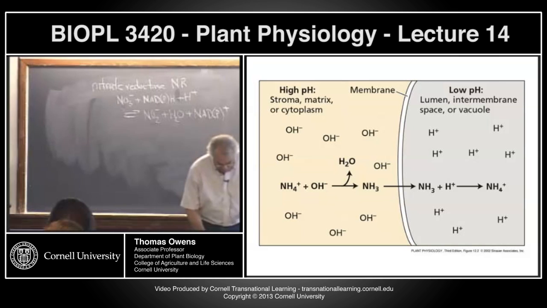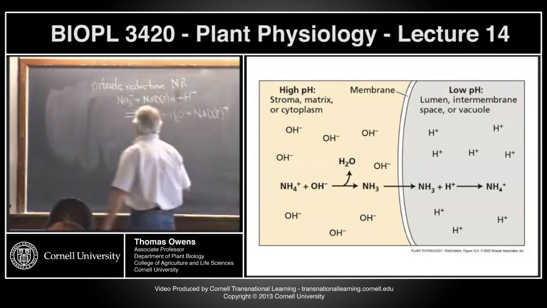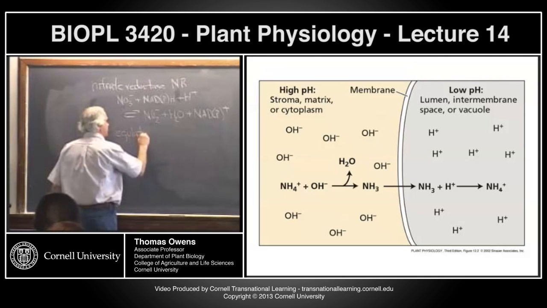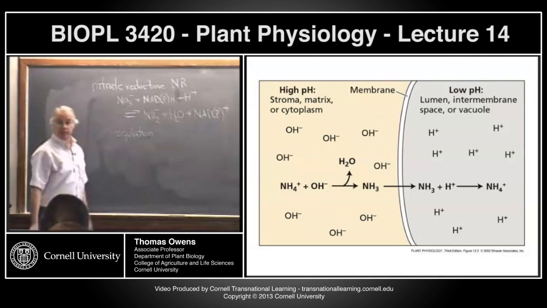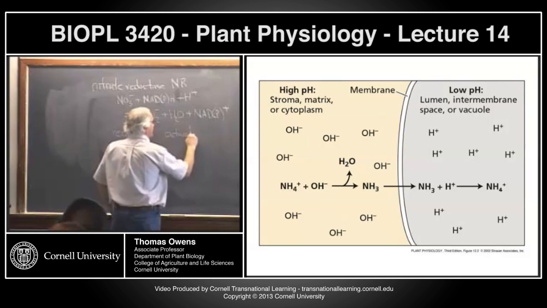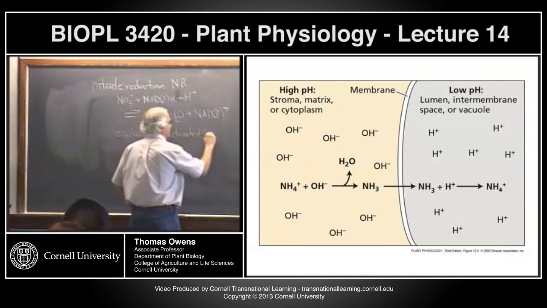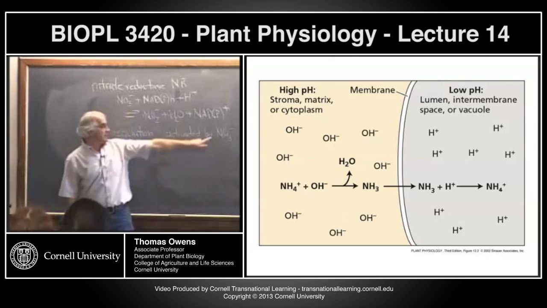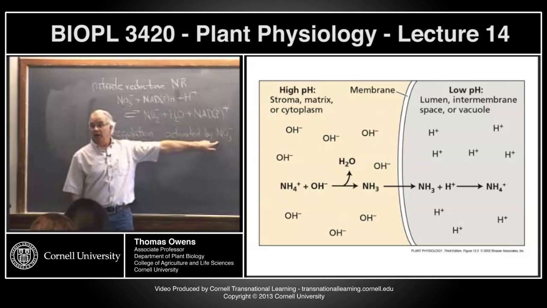Okay, so how is its activity regulated? It's a pretty interesting enzyme because it's activated by nitrate. As surprising as it may seem, relatively few enzymes are activated by their substrates.